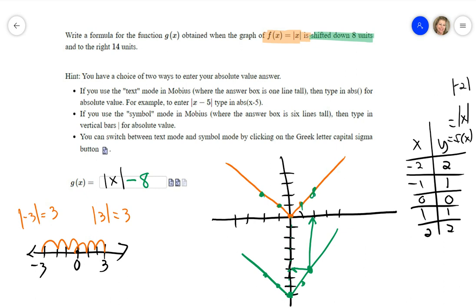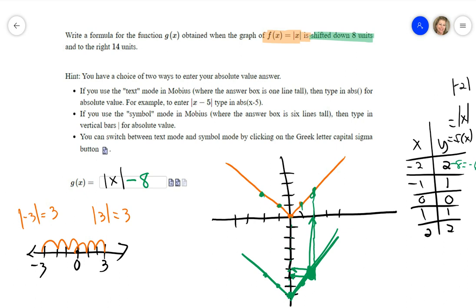Sorry. It goes down 1, 2, 3, 4, 5, 6, 7, 8. It's supposed to be right here. See, this is what happens when you don't use graph paper. Nothing comes out perfect. But this should be across from -6, because 2 minus 8 is -6. I'm just laughing at my horrific drawing. Sorry. But anyway, you're just subtracting 8 from every single y coordinate. So you just put a -8 behind the absolute value of x.